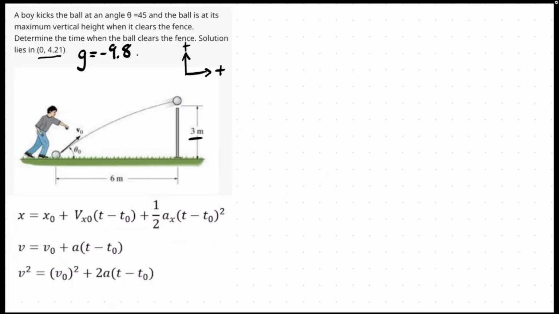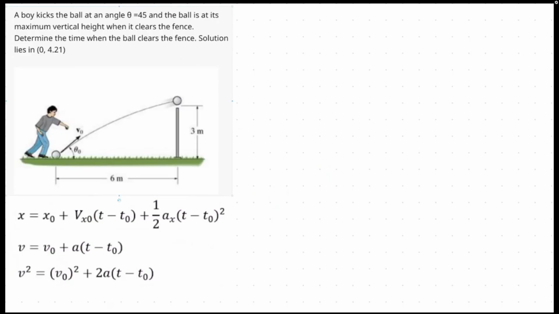Let's continue. So what type of equation should we use here, right? What are we looking for? So we're looking for time, right? So let's see what we can come up with. So we're given a couple things. We're given, first off, that this angle is equal to 45 degrees, right? And we're given some distances, right? So not explicitly, but kind of.